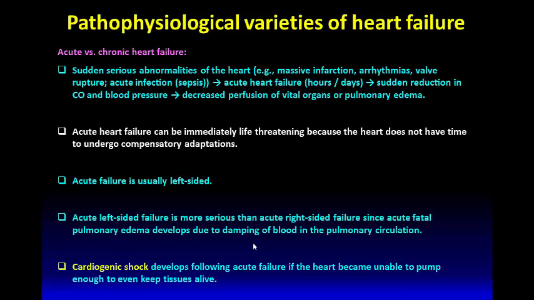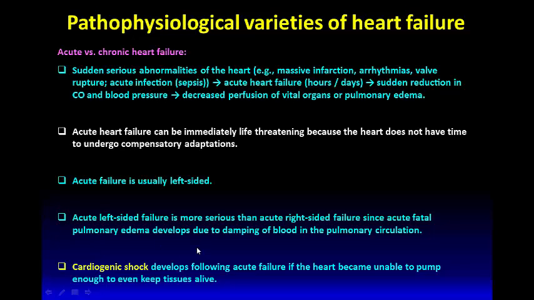Cardiogenic shock might develop following acute heart failure if the left ventricle becomes unable to pump enough cardiac output to even keep the tissues alive. So this is what happens when there is acute left-sided failure.